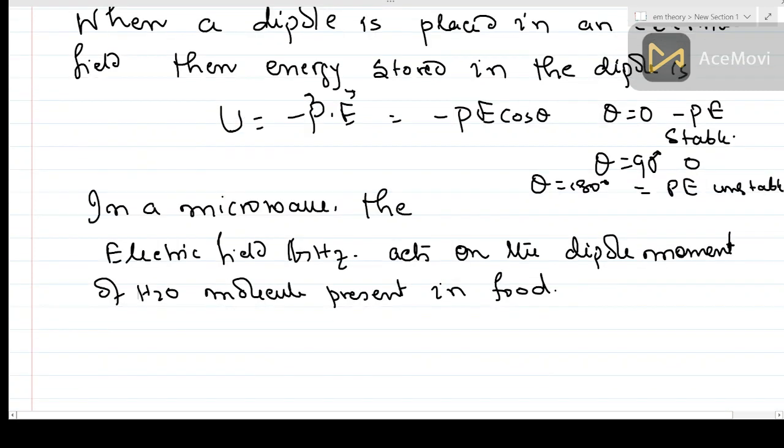There is a concept of dielectric loss that I will discuss later. It is a bit complex theory. So what happens? This dipole of water, Q plus, Q minus, tends to rotate in a particular direction, and during rotation it stores energy.